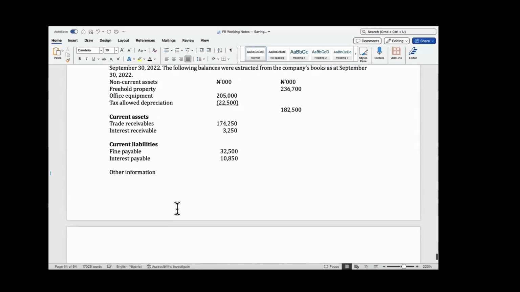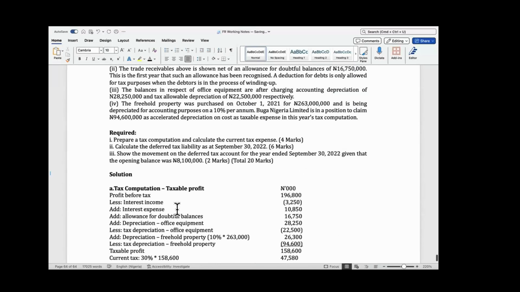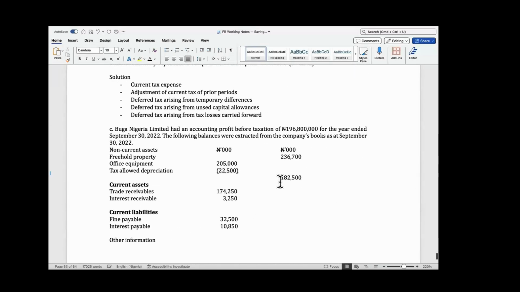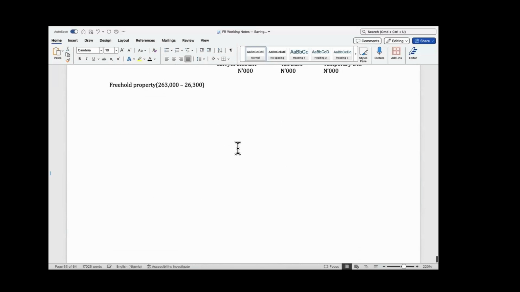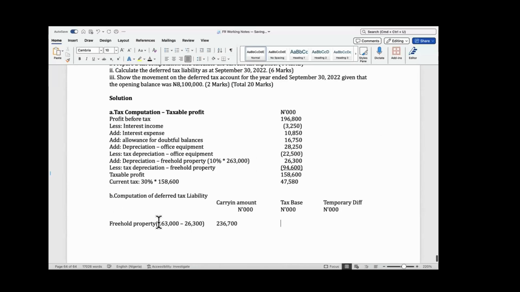How much does that give me? 236,700. So the tax base will be 263,000 less the tax depreciation of 94,600.